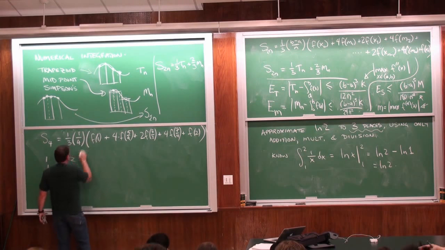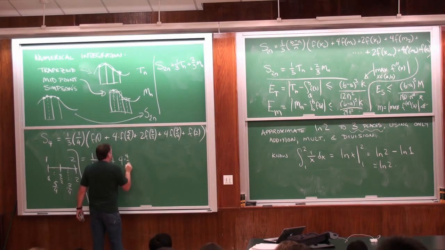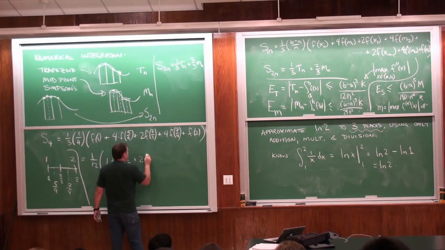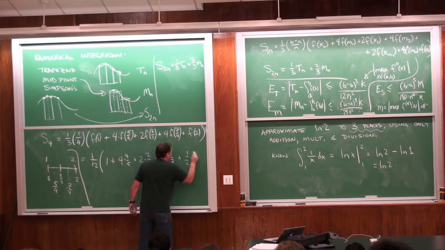So this is 1/12 of 1 plus 4 times 4/5 plus 2 times 2/3 plus 4 times 4/7 plus 1/2.